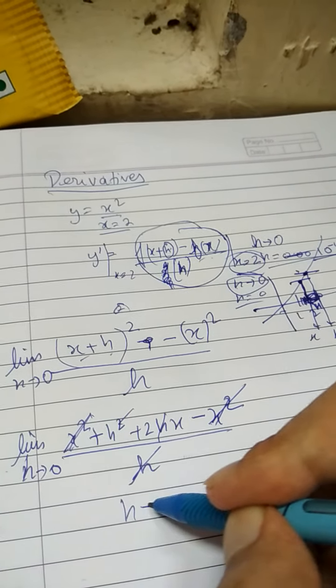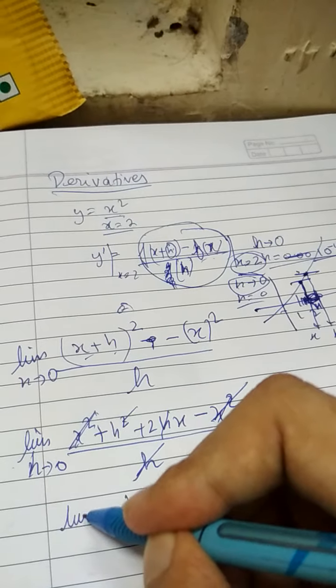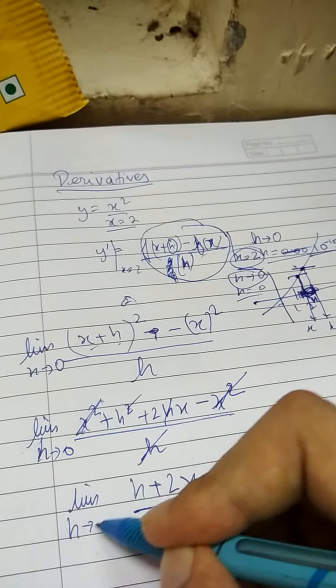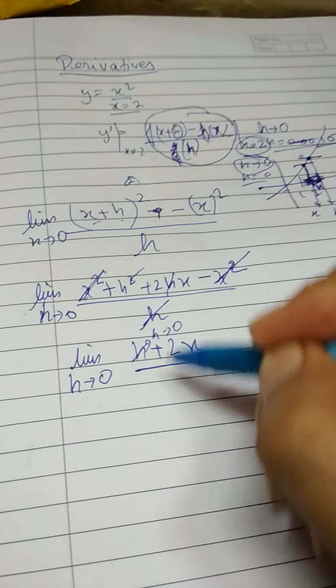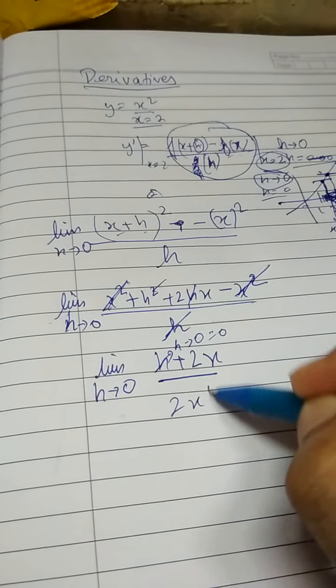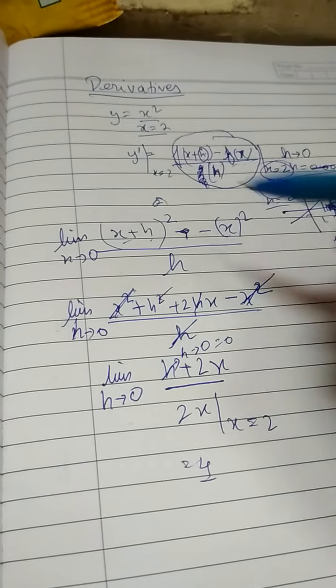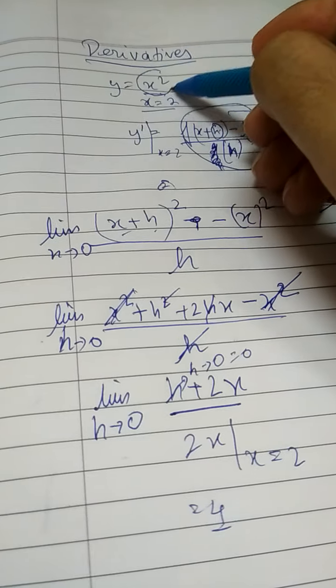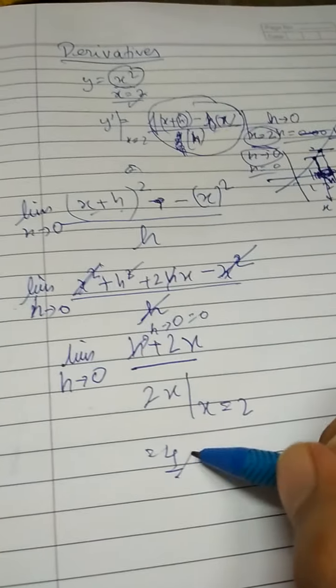It becomes h plus 2x under the limit h tending to 0. So now we finally substitute h tends to 0. We get 2x, and the value at x is equal to 2 is 4. So the derivative of this function at x is equal to 2 is 4.